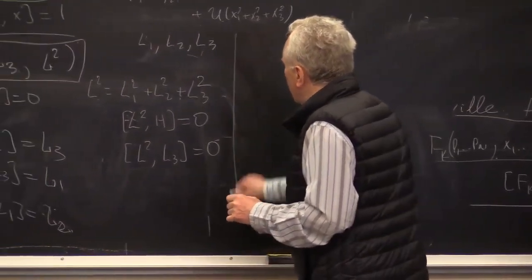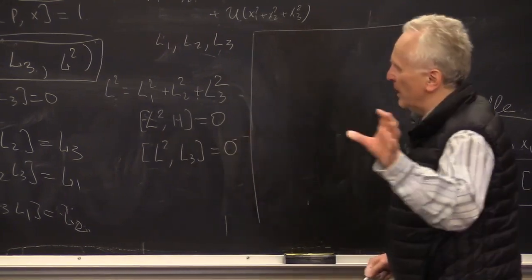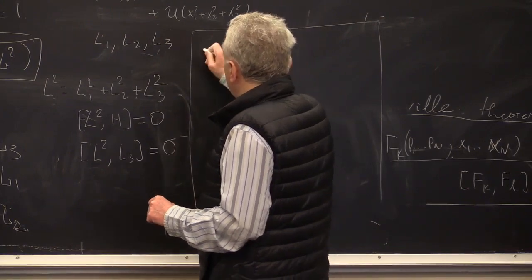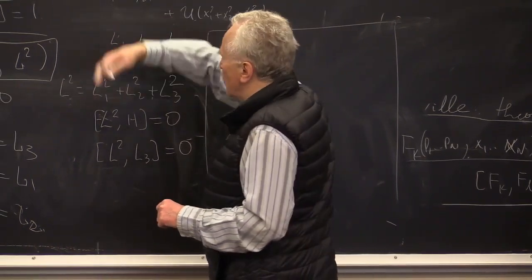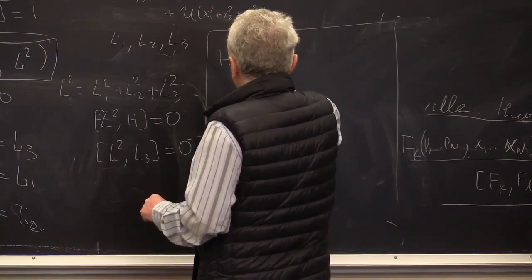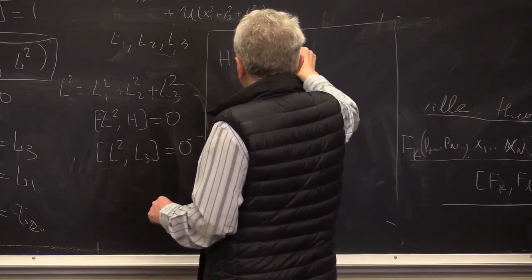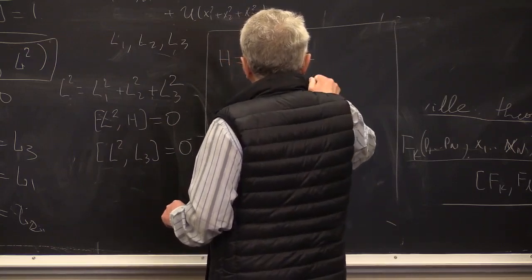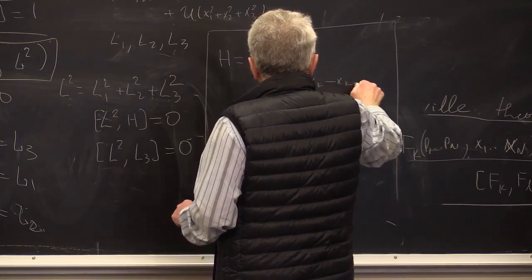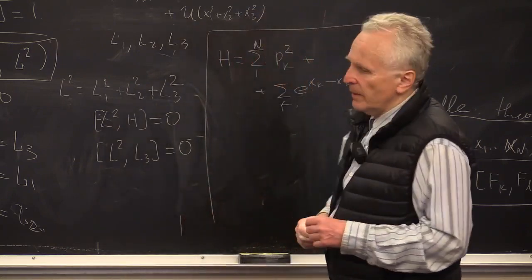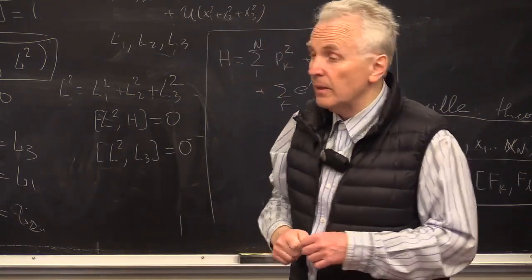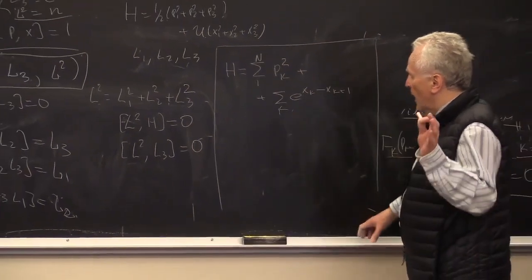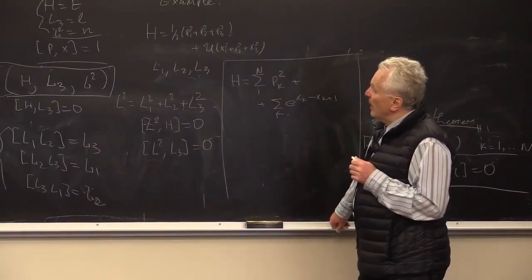For example, just to give you a taste of what will be coming later in the course, we will look at the system with 2n-dimensional phase space, for which the Hamiltonian is this. This system first appeared in plasma physics, and it's called the Toda lattice. It describes ions in plasma, etc.